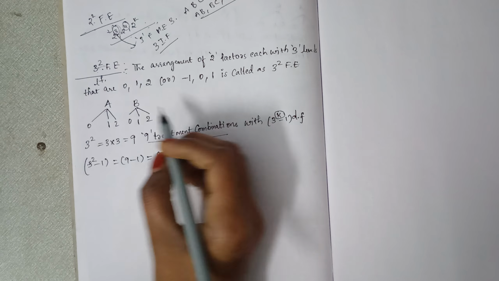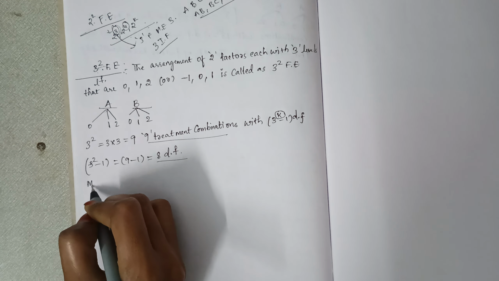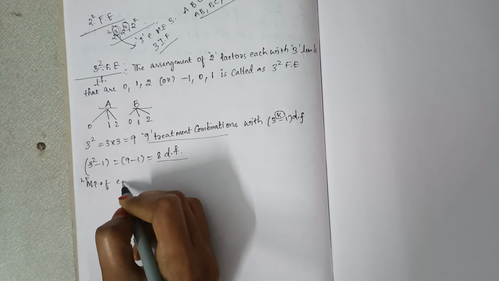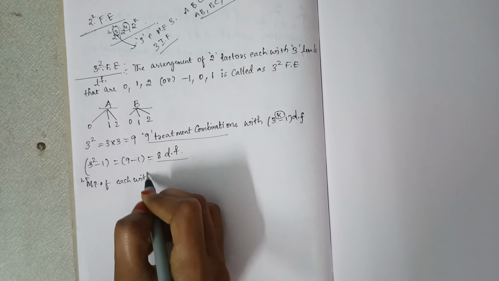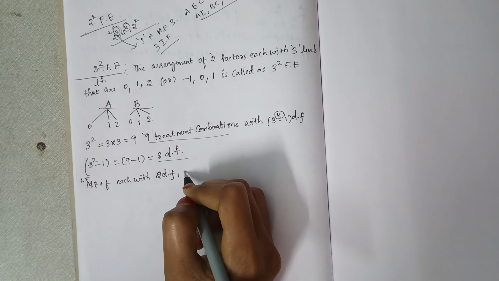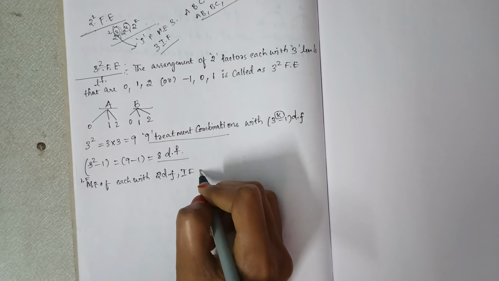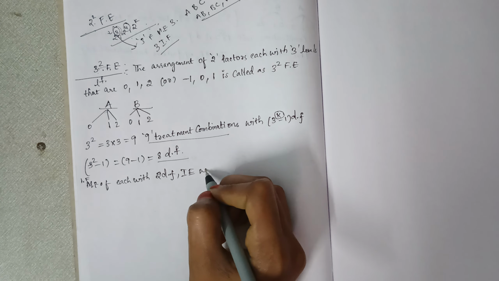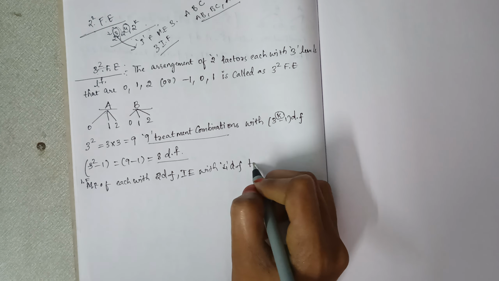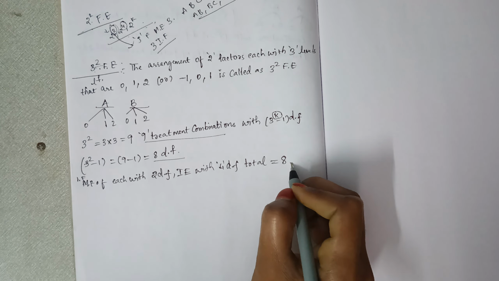And we have only the 2 factors A and B. So the main effect of each factor has 2 degrees of freedom, and the interaction effect has 4 degrees of freedom. So the total is equal to 8.